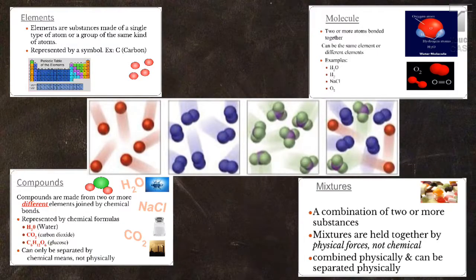Use this drawing and make sure you draw the examples for each of the four types of substances in your notes. So here is our visual example of an element, because they are one circle and they are the same color. Our examples for molecules are the two in the middle.